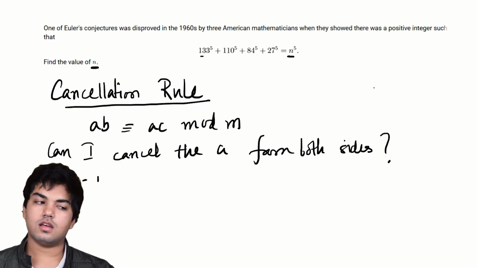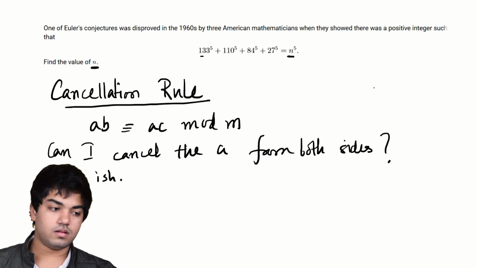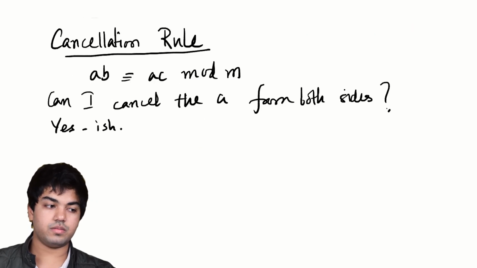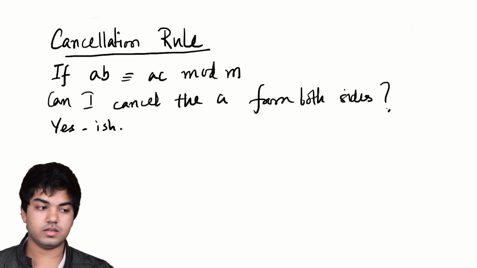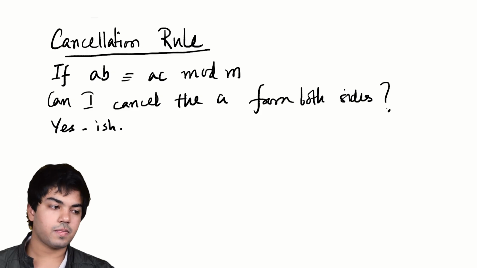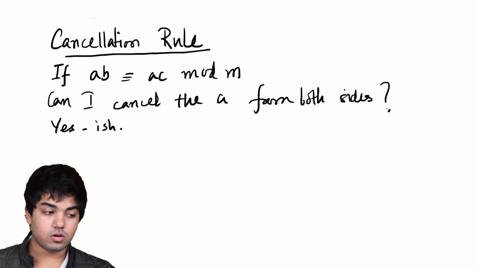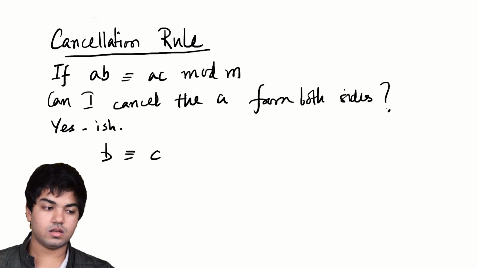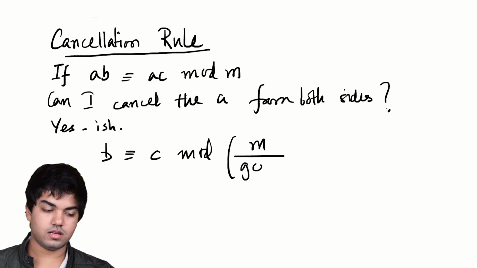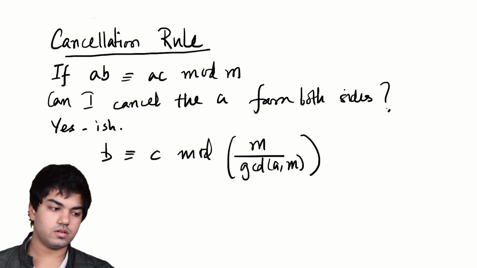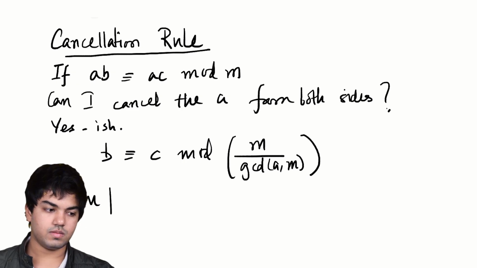So the actual result that is true, if ab is congruent to ac mod m, where a, b, c are integers and m is an integer, is that then b is congruent to c mod m divided by gcd(a, m), which actually makes a lot of sense when you think about it. So you have m divides a times (b minus c), right?